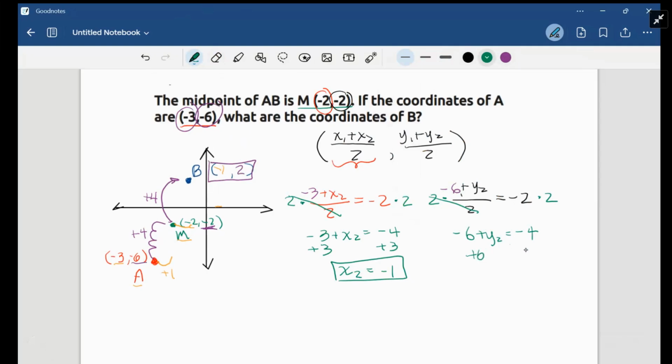Add 6 to both sides, and we end up with our Y value of B to be -4 plus 6, which is 2. So we get that B has a coordinate point at -1, 2.